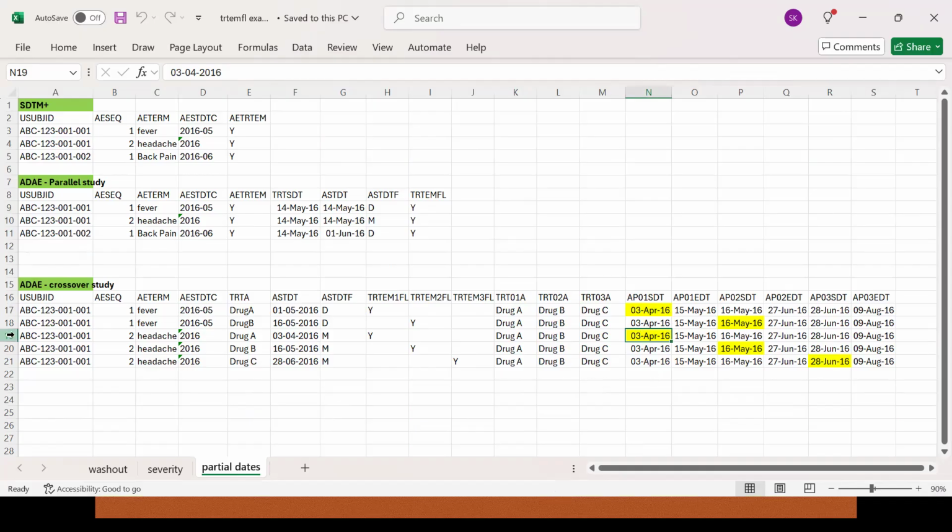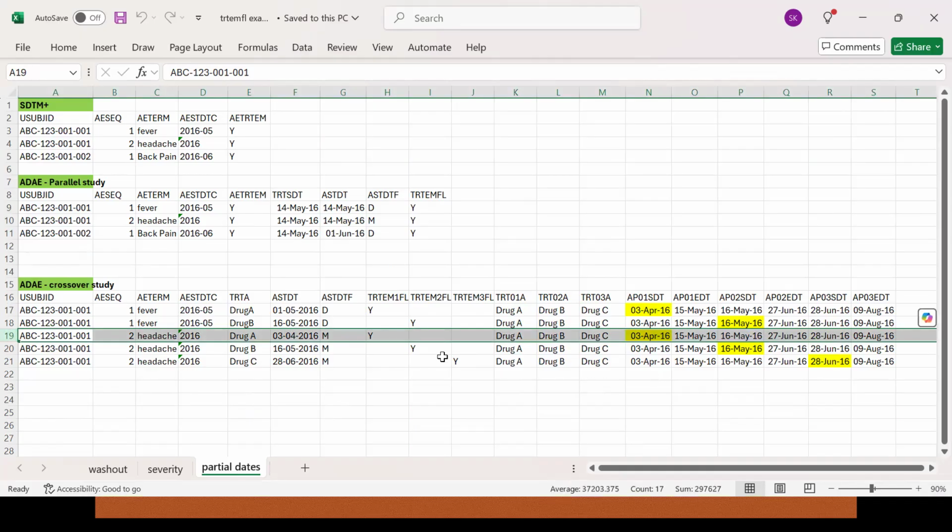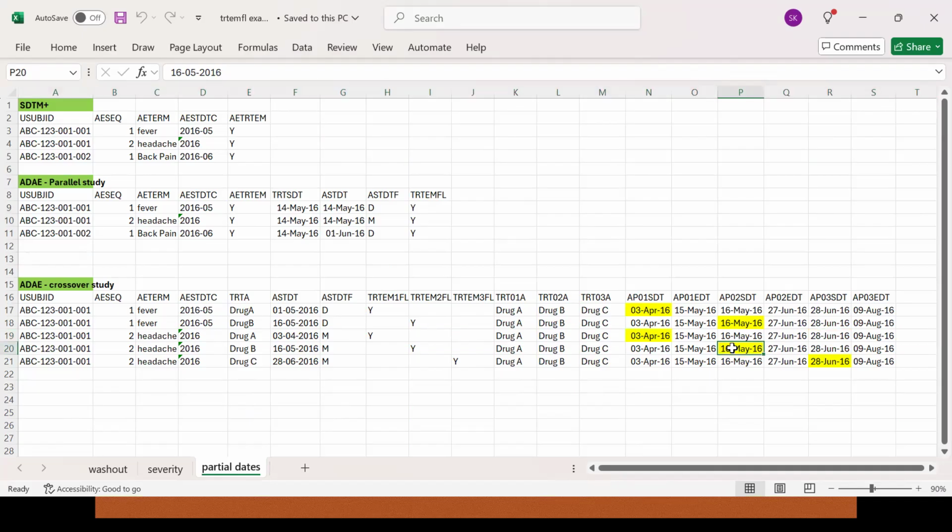That means one record where your imputed date is the same as the first period start date, a second record where it is the same as the second period start date, and a third record where it is the same as the third period start date, to make sure that we take all these drugs into consideration, since this AE can happen because of any drug exposure.